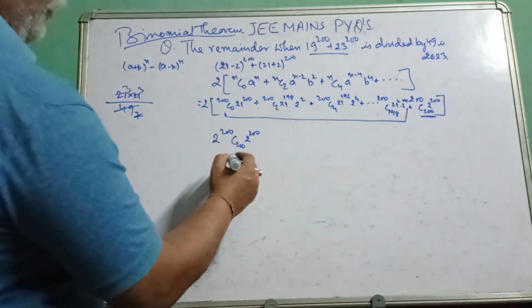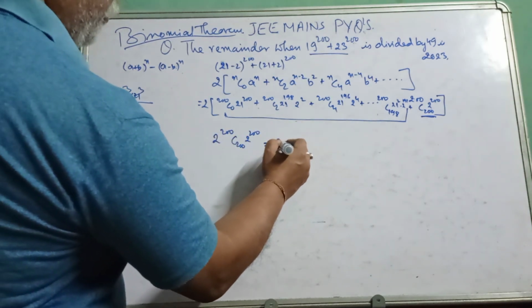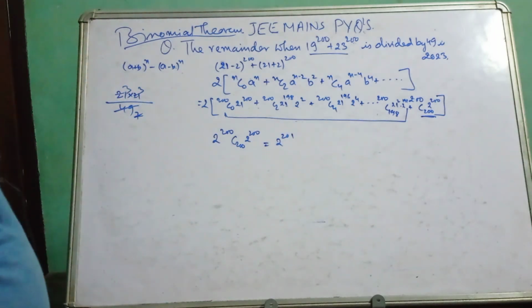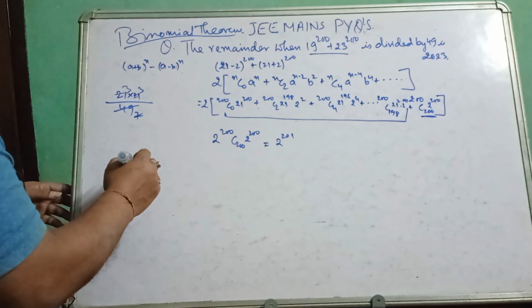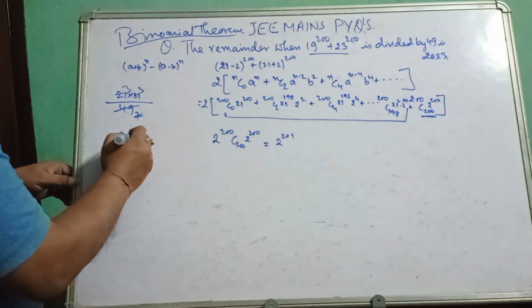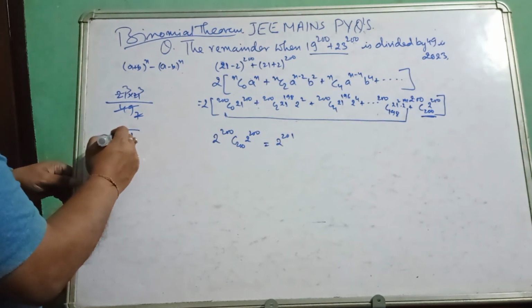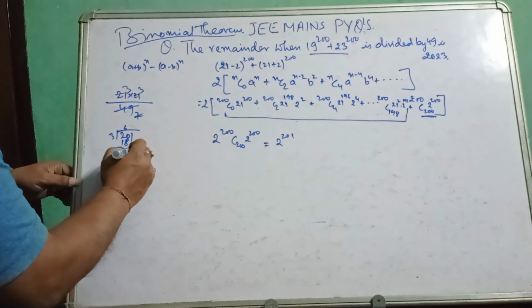So this is 1, so this will be 2 to the power of 201. Here 201 is divisible by 3: 3 67s are 201.